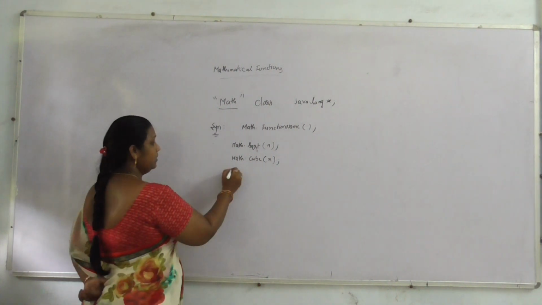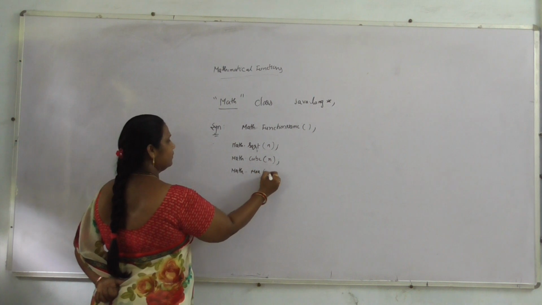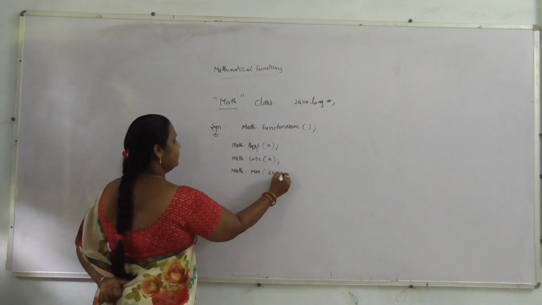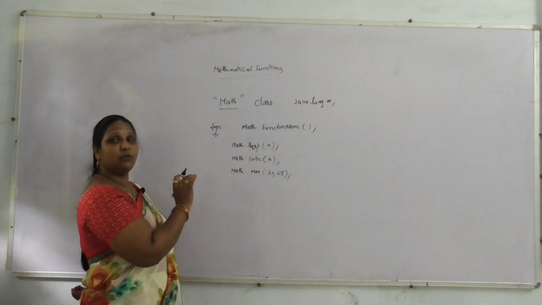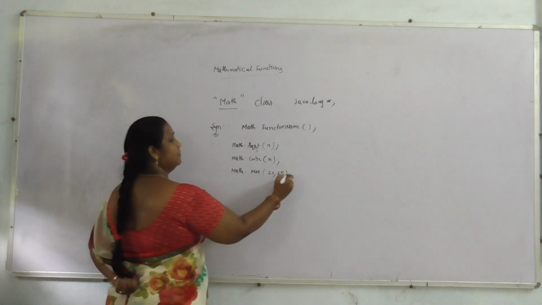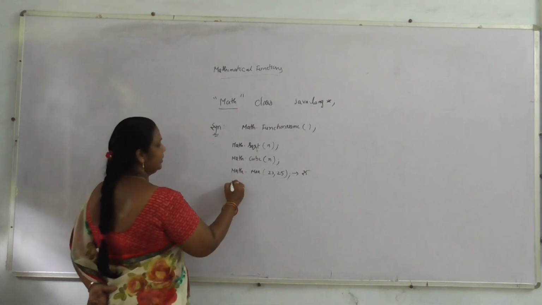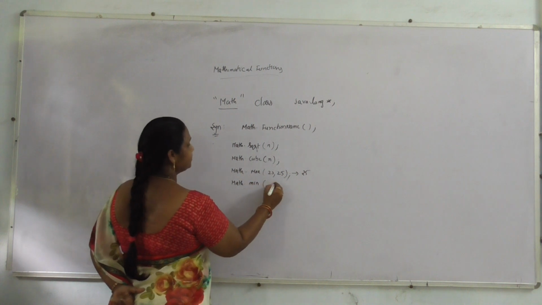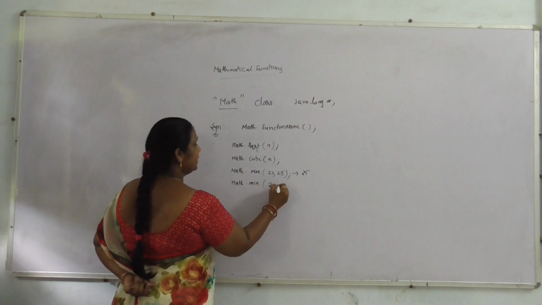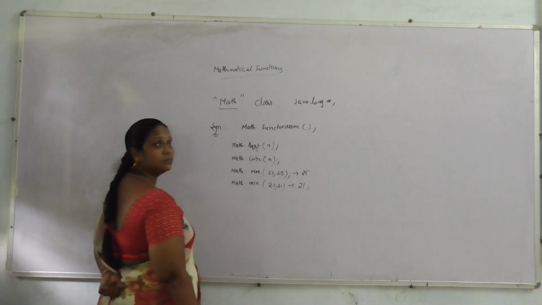Math dot max of 23, 25: the output will be the maximum number, here 25 is the max. Next, Math dot min of 23, 21: here the minimum is 21.